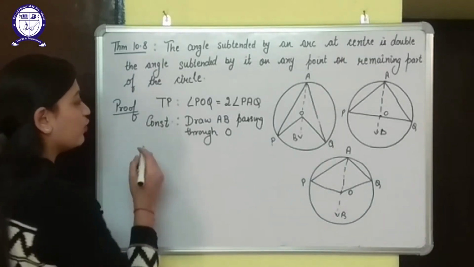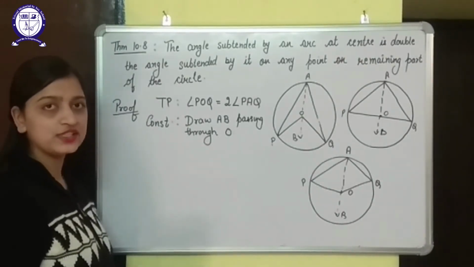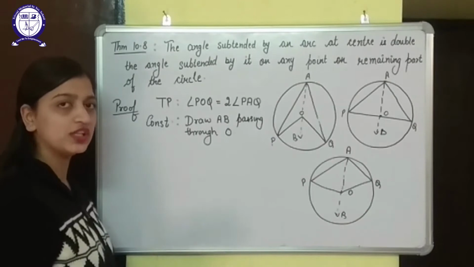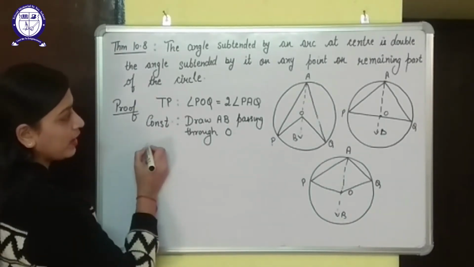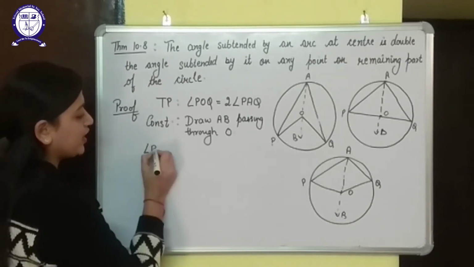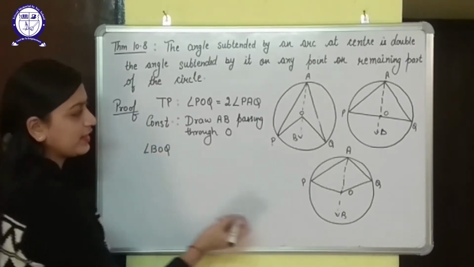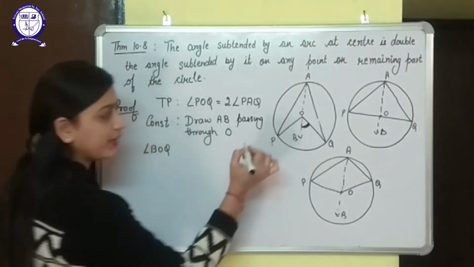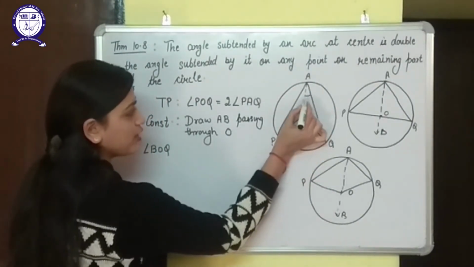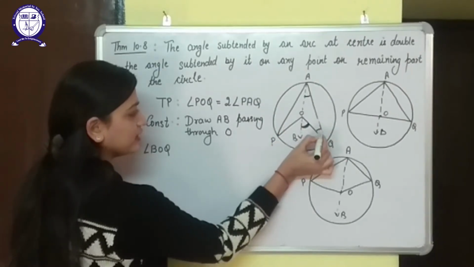Now we are going to do the proof of this theorem, and the proof is the same for all the three figures. First of all, you can see that angle BOQ, that is this angle, will be equal to the sum of this angle and this angle.